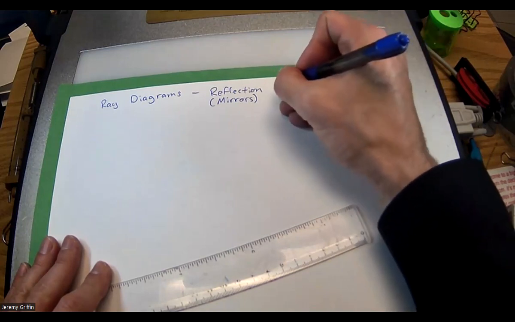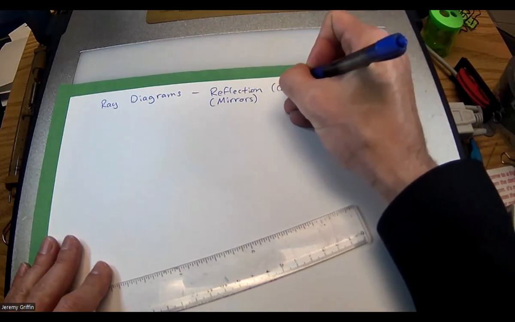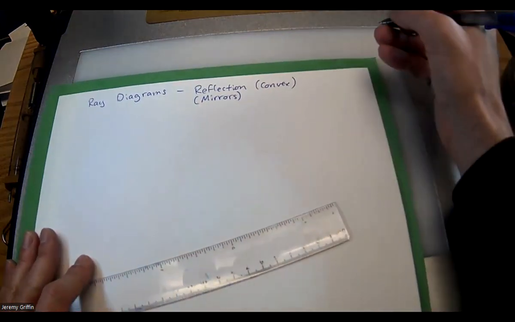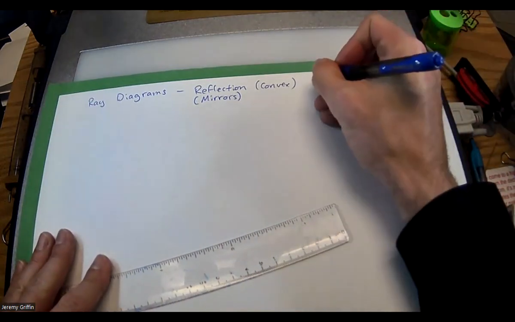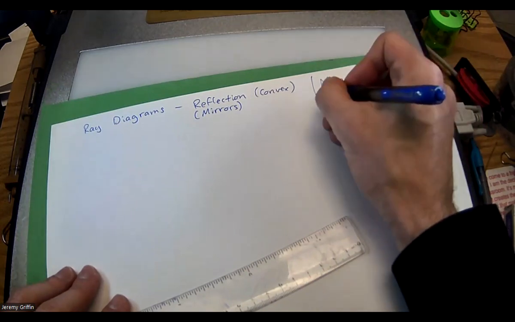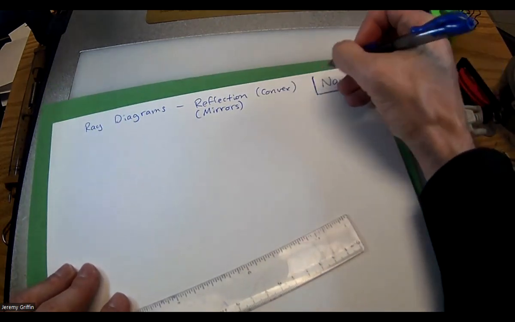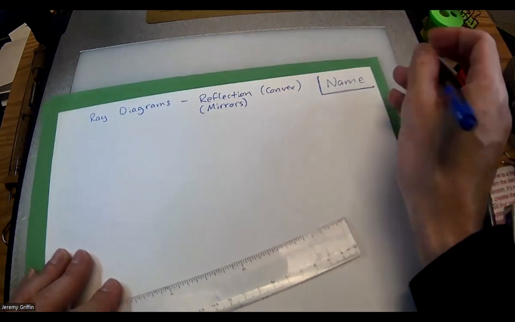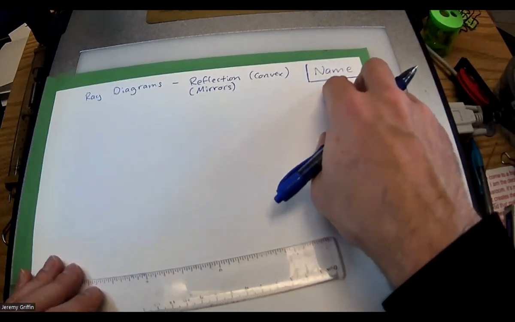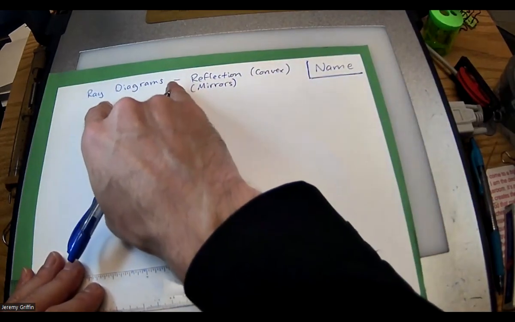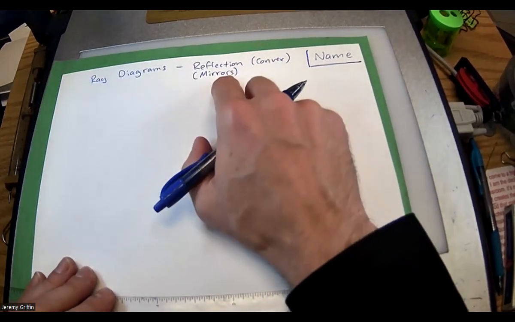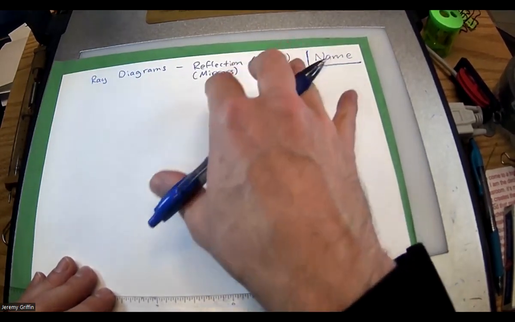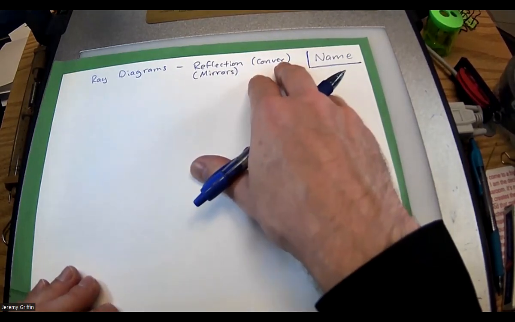So maybe I'll add that too. Convex. Write your name on your paper, because I'm going to have you turn this in. My goal is to do 6 of these, which is what I was able to do last class, so I think that'll work out. So you wrote your name, your title, ray diagrams, reflection, same thing as mirrors. And this side of the paper, we're going to focus on convex.